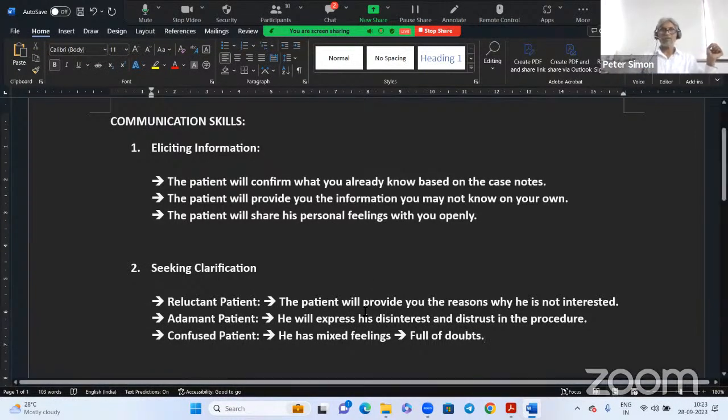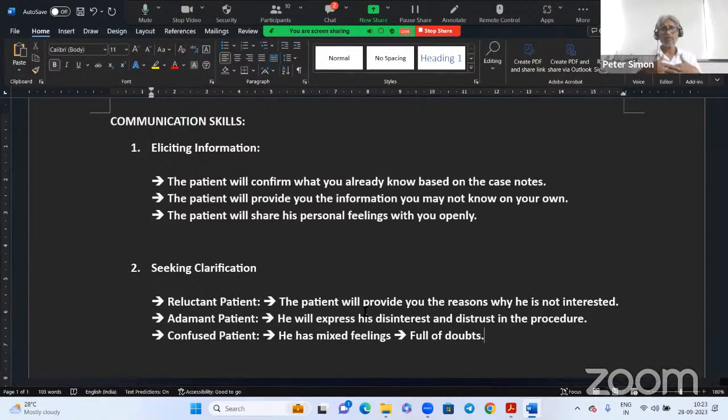Then you will ask him, why do you think this is not beneficial for me? On what grounds do you think this is not beneficial? Why do you feel that this is not useful for you? If you ask questions like that, he will tell the reasons behind that. Then you can give the answer to him. That means you will solve his particular problem. That problem you have to solve first. When he says, I'm confused, I don't know, my aunt had this, she has medical problems, so she, okay.